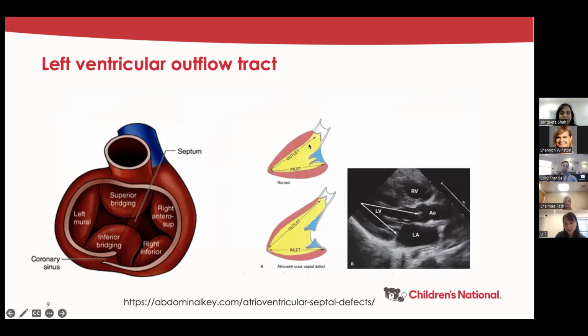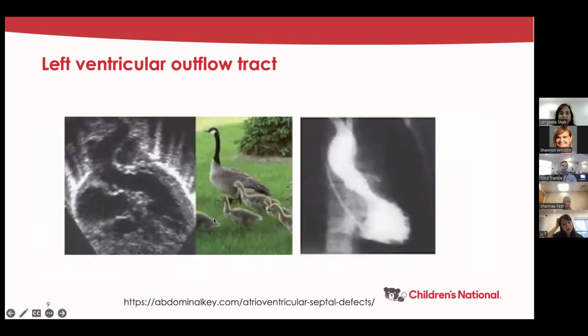So that if you look at the normal left ventricular outflow tract, the distance from the apex to the left ventricular outflow tract compared to the distance of the apex to the posterior portion of the mitral valve is about the same. But in AV septal defect, because of that sprung aortic valve, the outlet is now longer. And it causes what we call a gooseneck deformity of the left ventricular outflow tract.